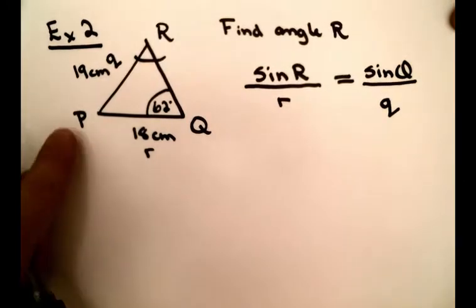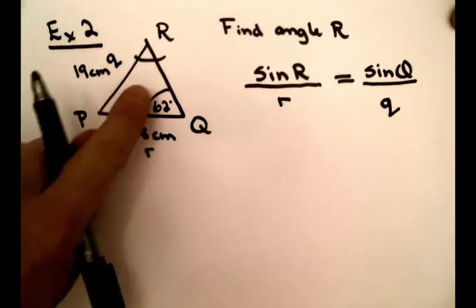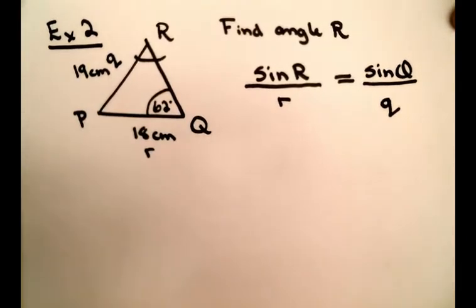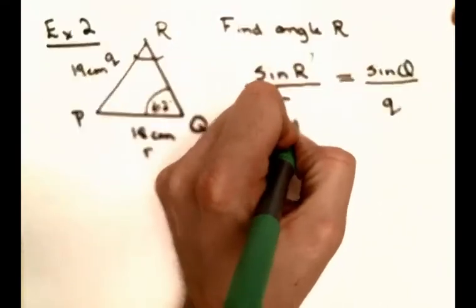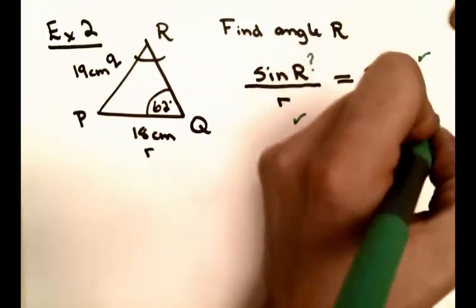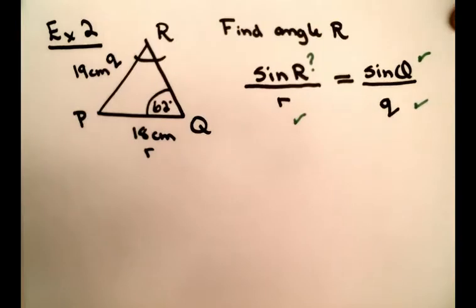You wouldn't want to use p, because you have absolutely nothing on p. You don't know capital P's angle, and you weren't given its side. Okay, so you've got everything you need. You're trying to find this. You know R, you know capital Q, and you know little q. So now you can put the numbers in and begin solving.